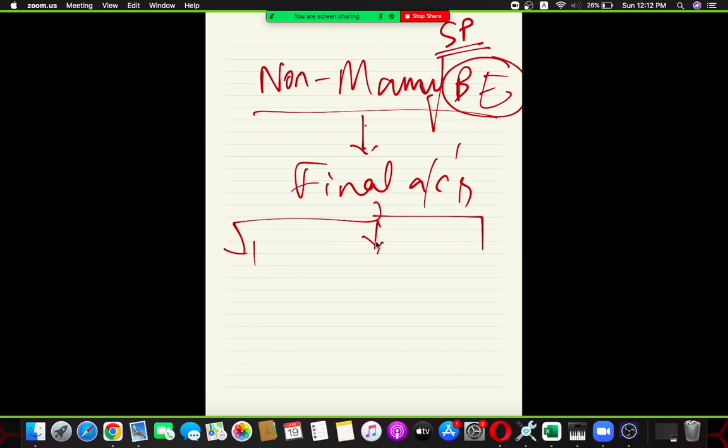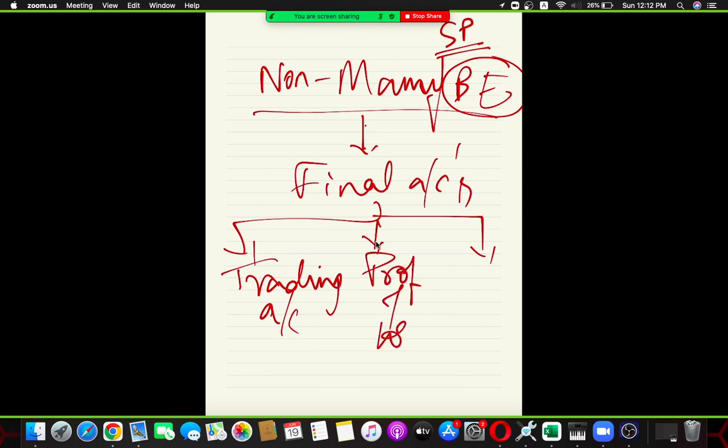What are the final accounts you are going to prepare ultimately for a sole proprietor? The first thing, trading account. The second one is profit and loss account. What did I just say? The final accounts prepared for a sole proprietor are the trading account, profit and loss account, and balance sheet.